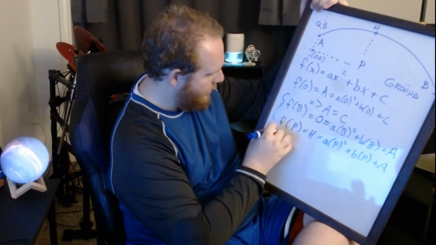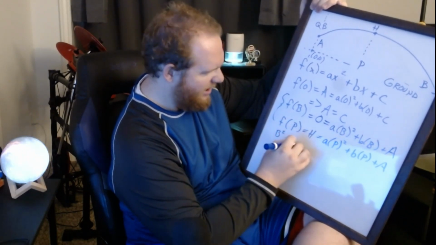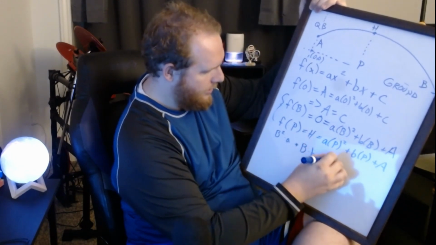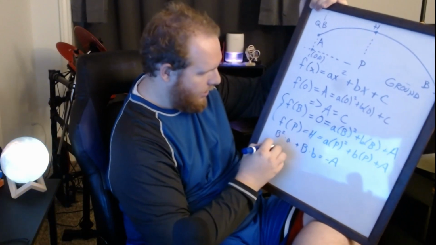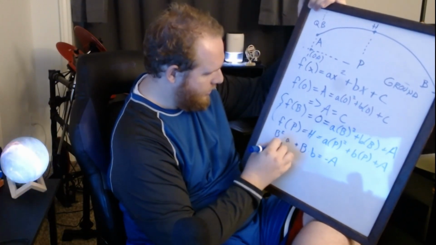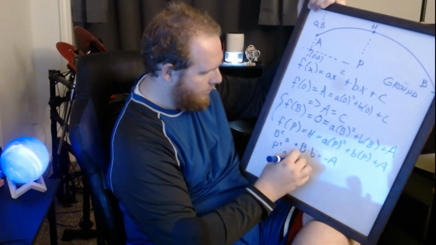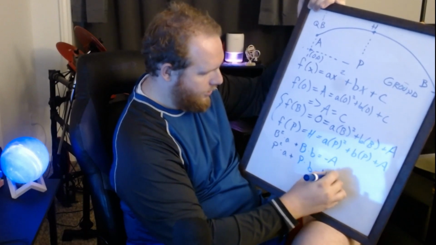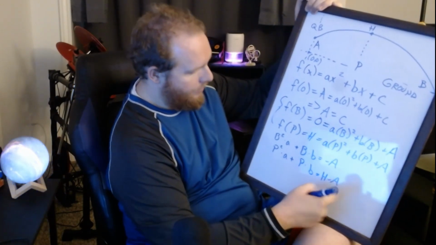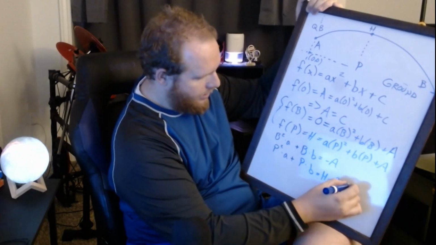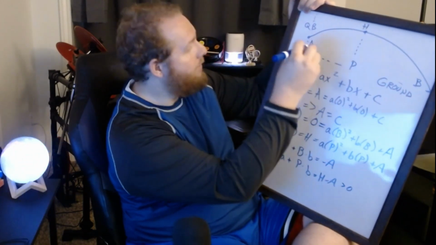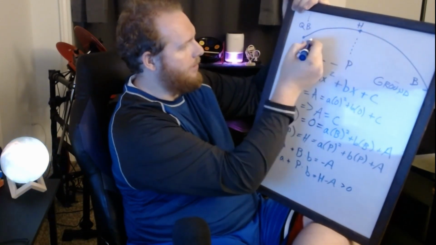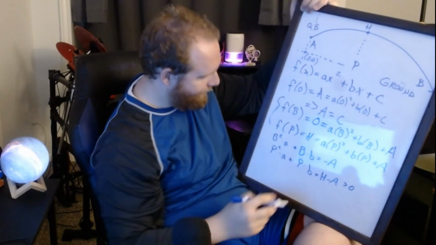We have that B squared times little a plus big B times little b has to equal negative A. And then we have that P squared times little a plus P times little b has to equal H minus A. And just as a reminder, H minus A has to be positive because the quarterback threw an upward trajectory there. So this minus this has to be a positive number.